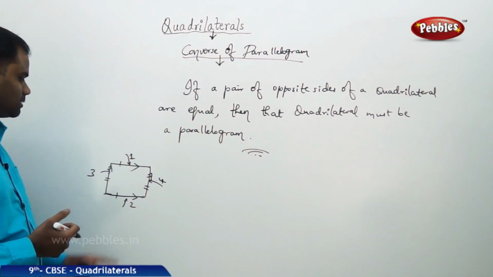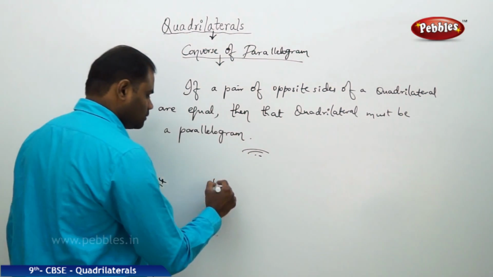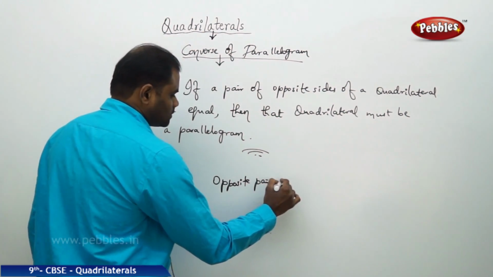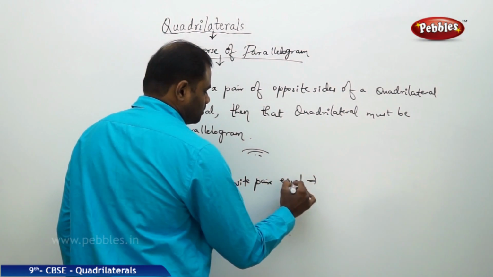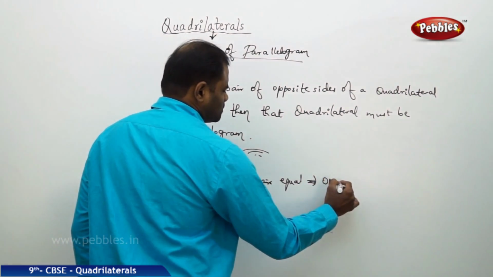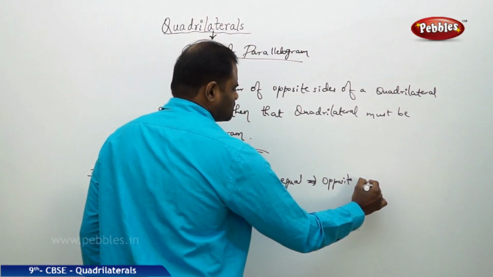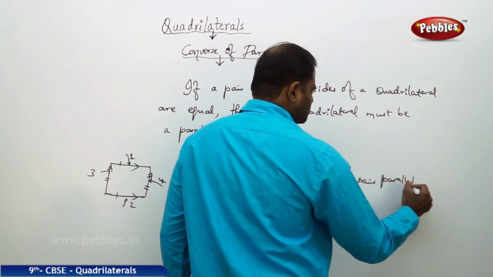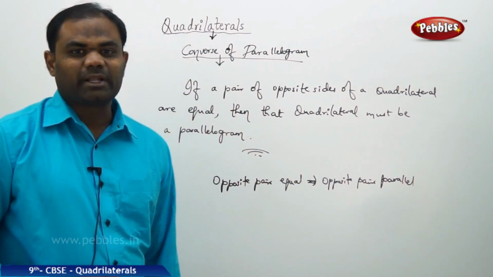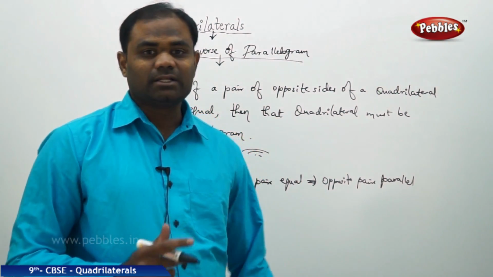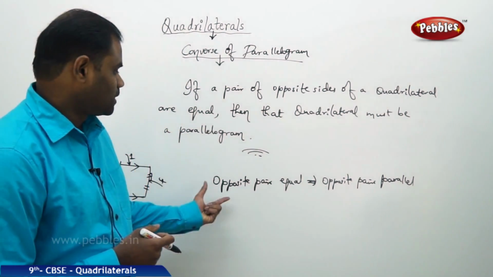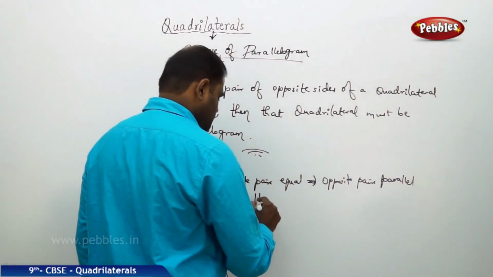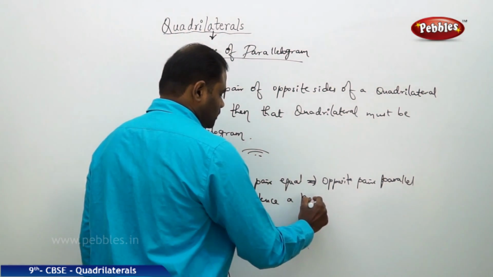Therefore, opposite pairs equal implies opposite pairs parallel, hence a parallelogram.